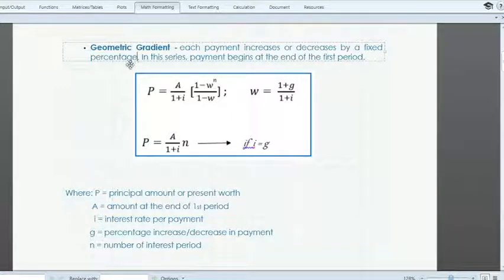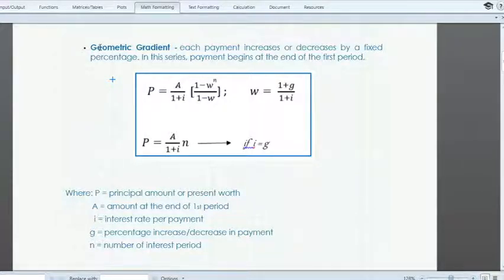Kumbaga, yung 10 pesos na payment mo, sa unang payment is tataas ng 10% every payment. Sa mga susunod pang payment, tataas siya ng 10% ng 10%. So, si 10%, yun yung fixed percentage na tinatawag natin. So, tatandaan, kapag naka-percent ang difference, o yung ini-increase or dinidecrease ay naka-percent, ang tawag doon ay geometric gradient.